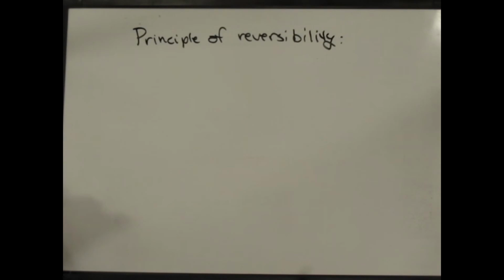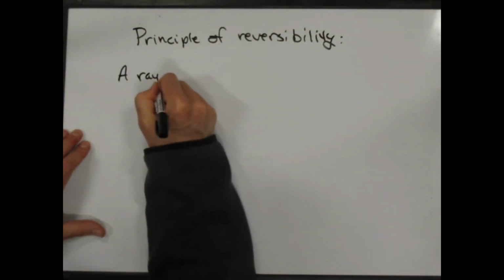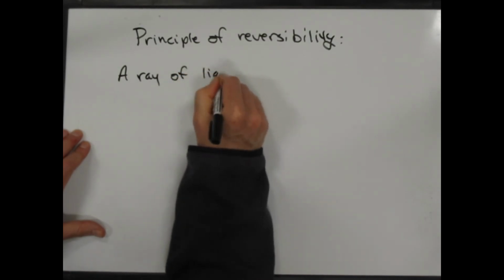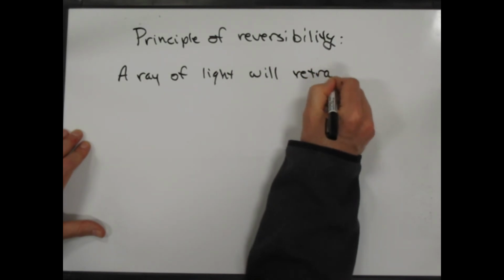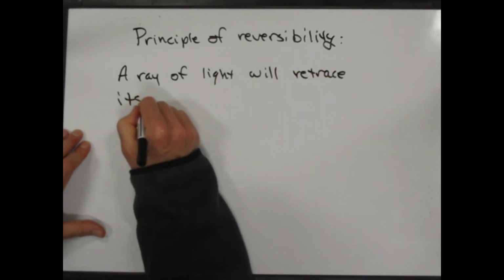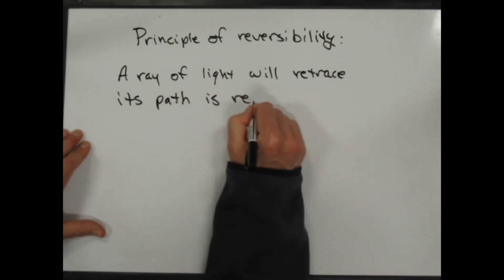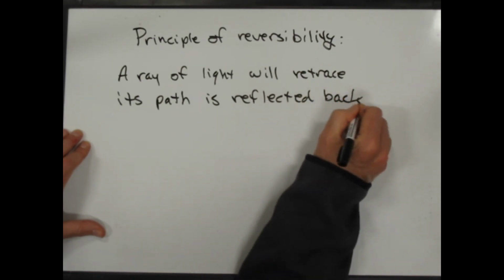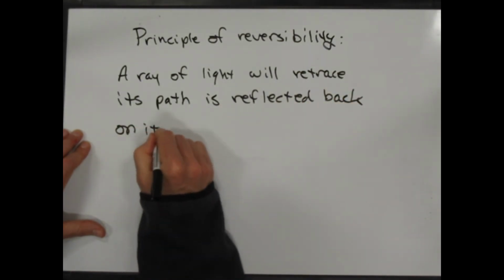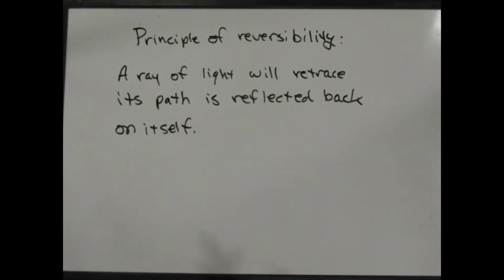So another property of light is that light is reversible. A ray of light will retrace its path if it's reflected back on itself.